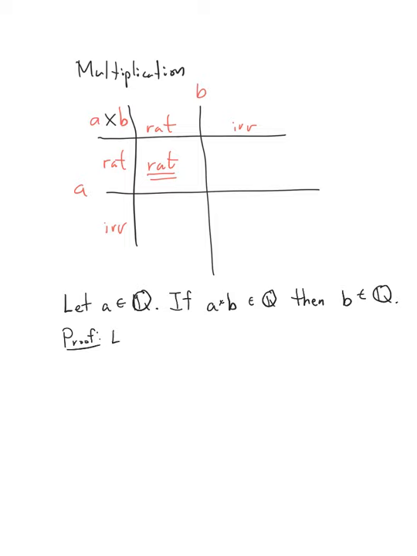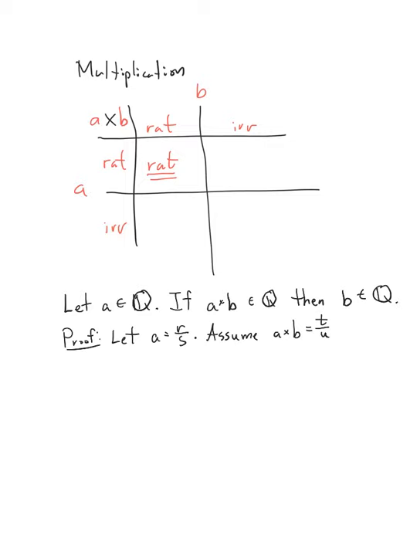So we know a is some rational number. So a is r over s, and we're going to assume that a times b is rational. So we're assuming the if part. So that's going to equal t over u. And I should be a little careful here.